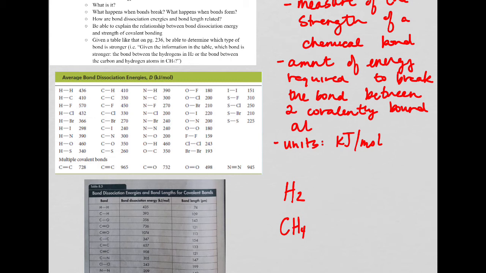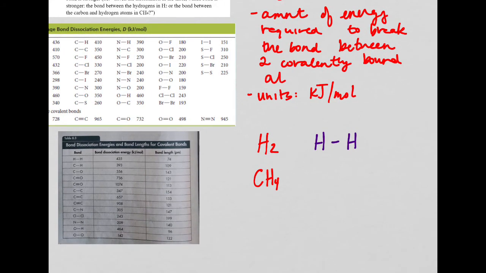So to break that bond, or to break all of these bonds, which one is going to require more energy? Well, this bond has a bond dissociation energy of 435 kilojoules per mole.